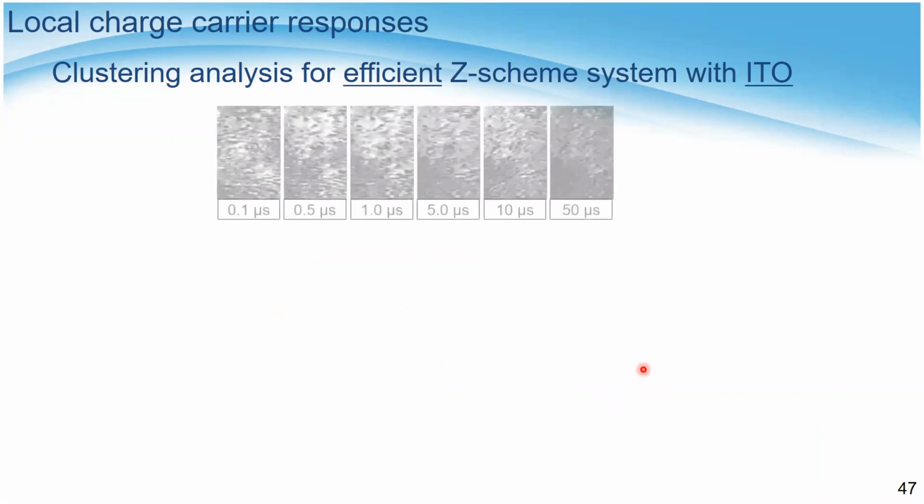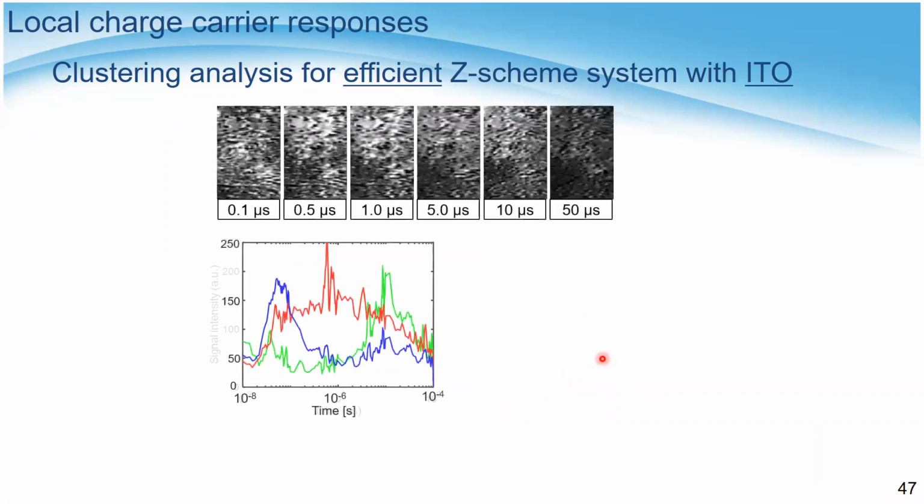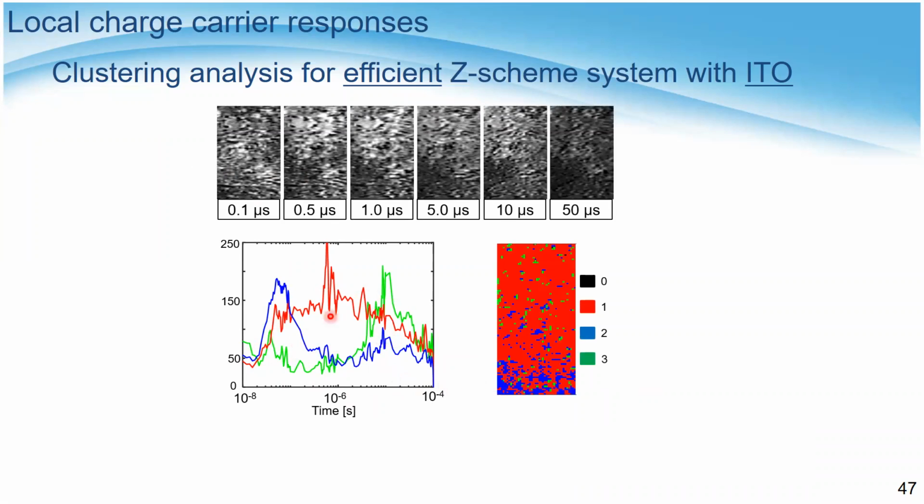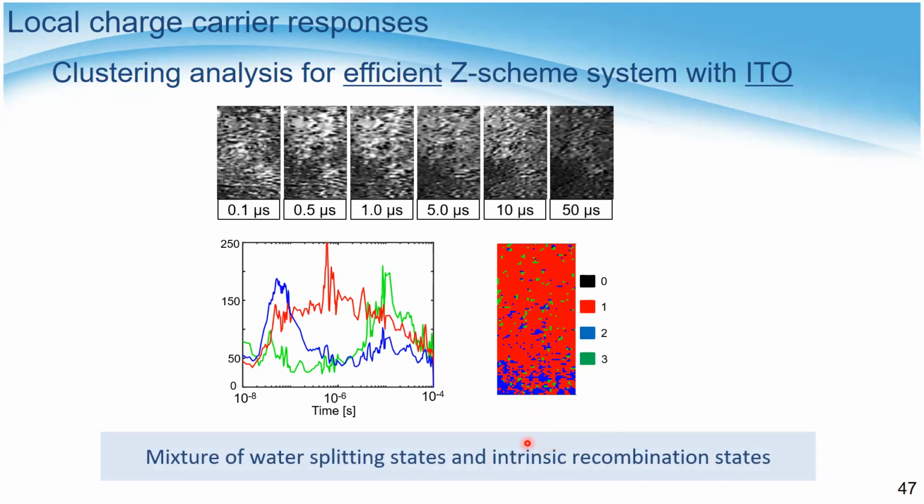Also, looking into different regions, we could still find 3 similar categories of the charge responses. But when we map out on the surface, it is mostly red and some blue there. So it's a mixture, but mostly water splitting active.